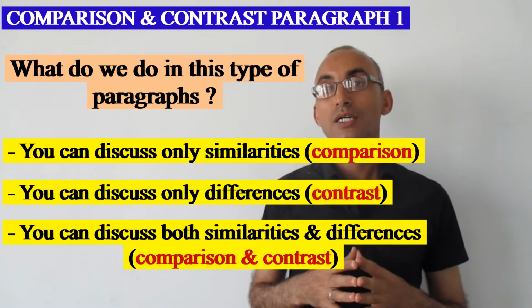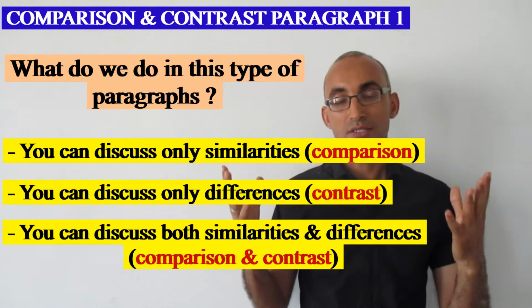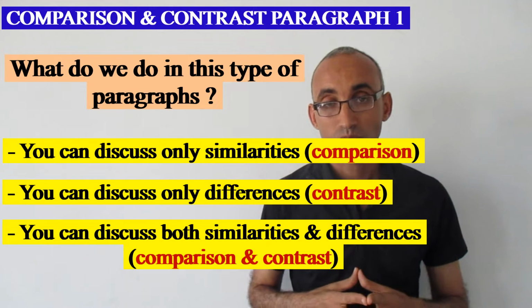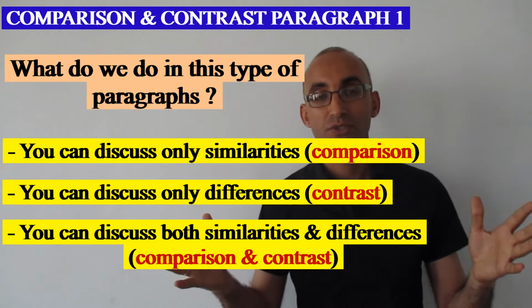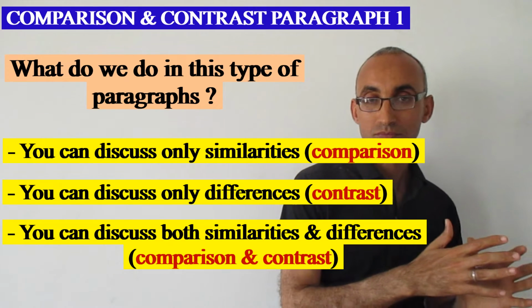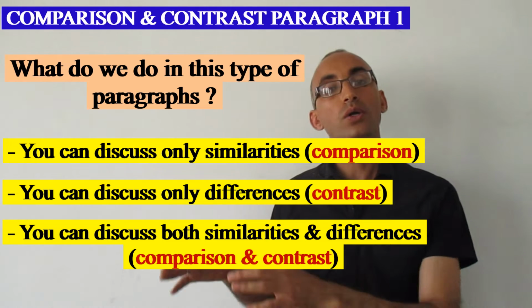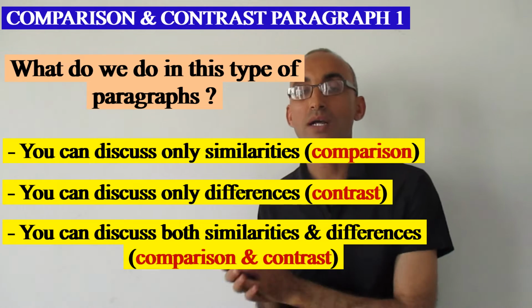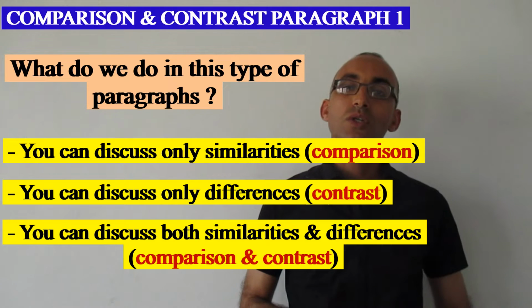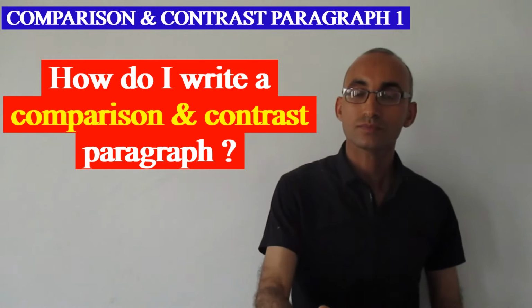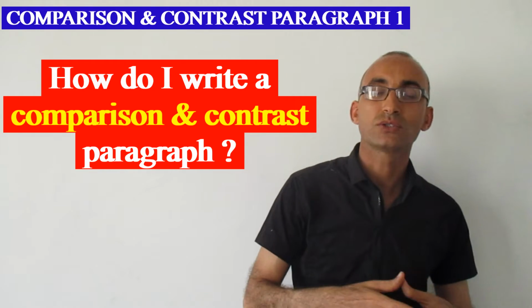We have many choices and options here. In a comparison and contrast paragraph, you can only compare, or only contrast, or combine both. You are free as a writer. Now, how do I write a comparison and contrast paragraph?